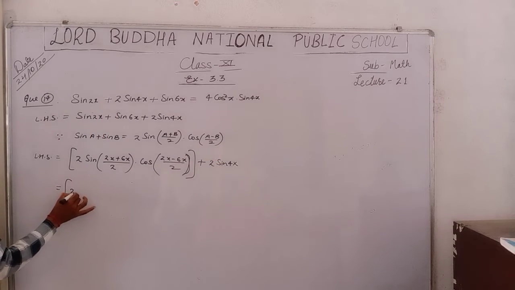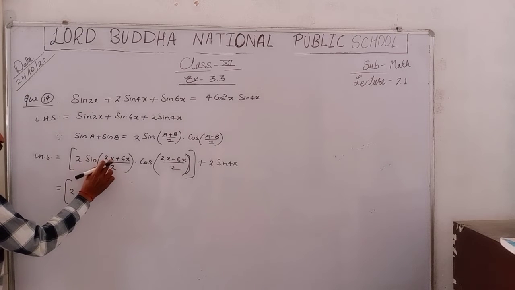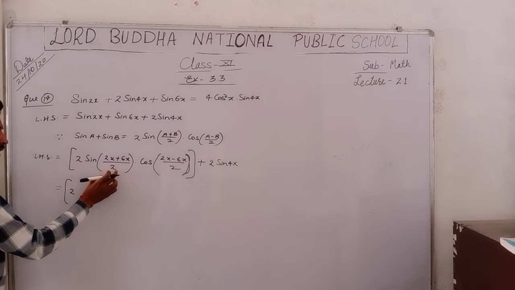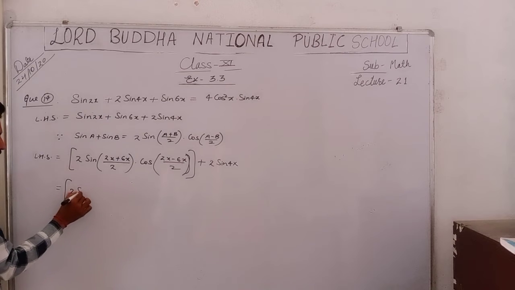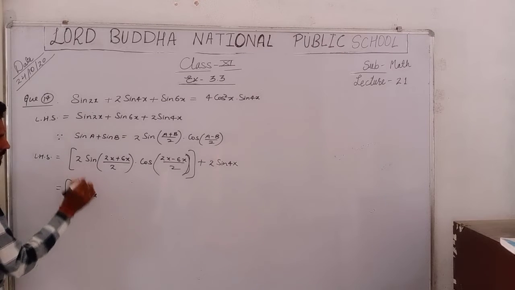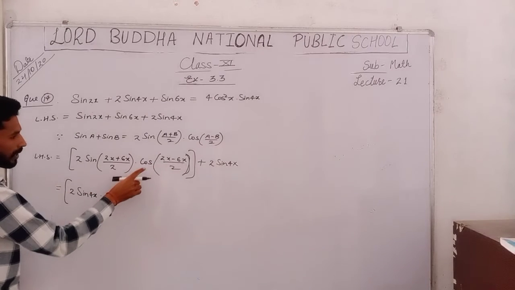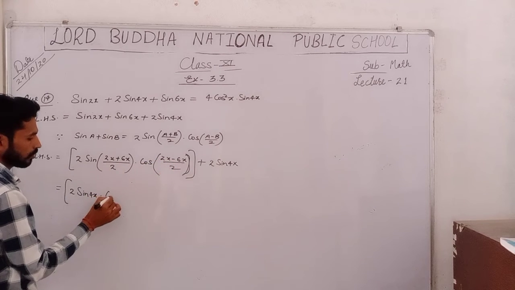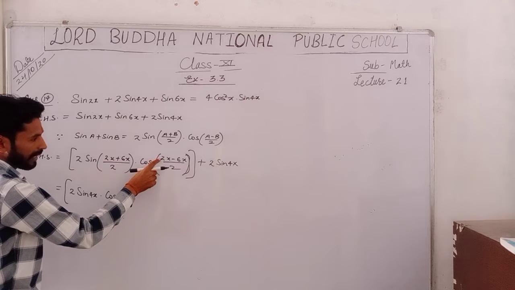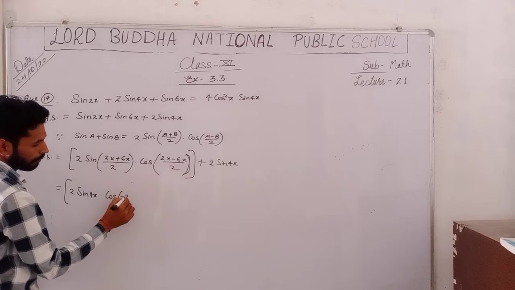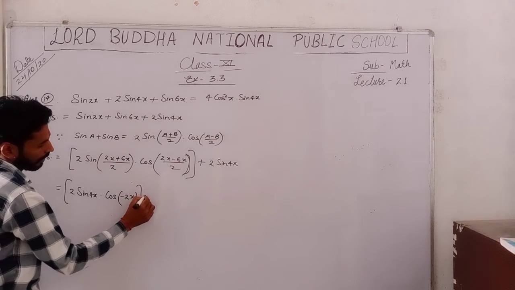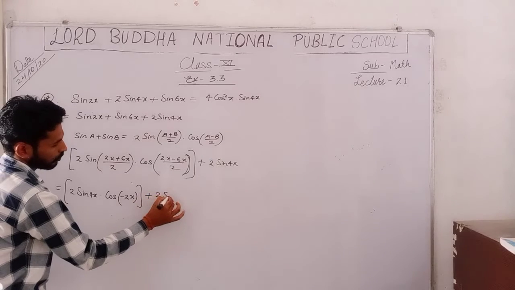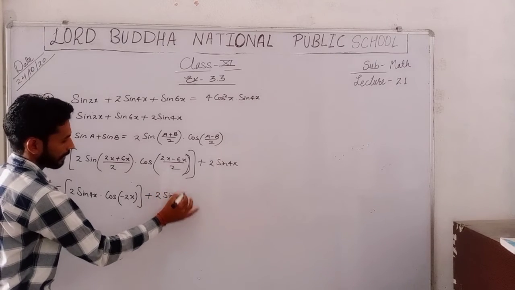Now it will be 2 sin of 2x plus 6x, that is 8x, divided by 2, that will be 4x, sin 4x into cos of 2x minus 6x divided by 2, so cos of minus 4x divided by 2, that is minus 2x, plus 2 sin 4x.